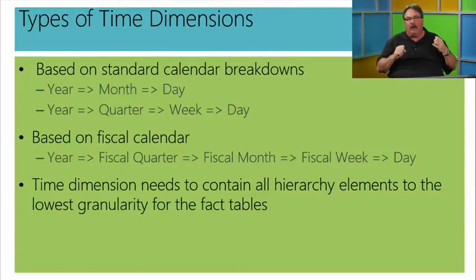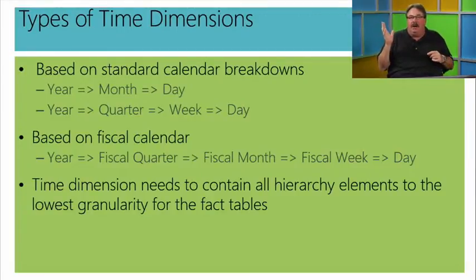So for example, calendar year, calendar semester, calendar quarter, calendar month, calendar week, calendar day. Those are all parts of a calendar hierarchy. But do all companies run on the same calendar, George? Absolutely not.